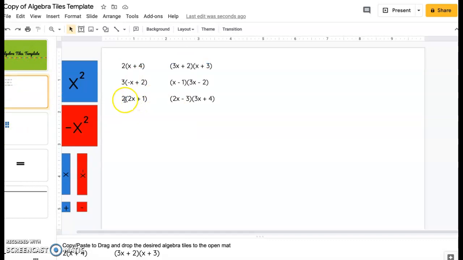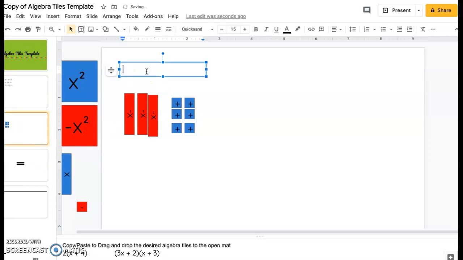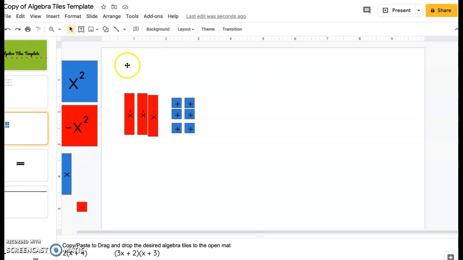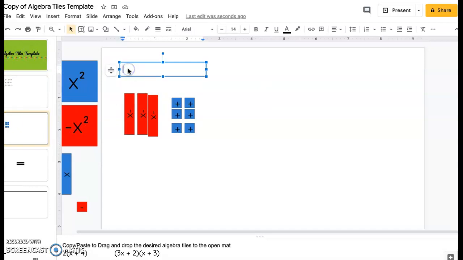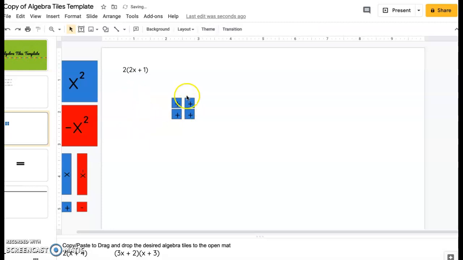Next, we go to 2, in parentheses, 2x plus 1. Oops, I forgot to copy that over. All right, so we're going to put our negative x back and our positive. All right, so we need 2 groups of 2x.